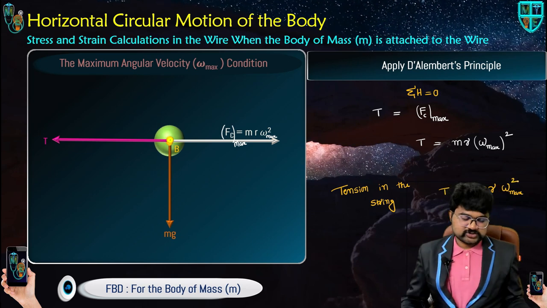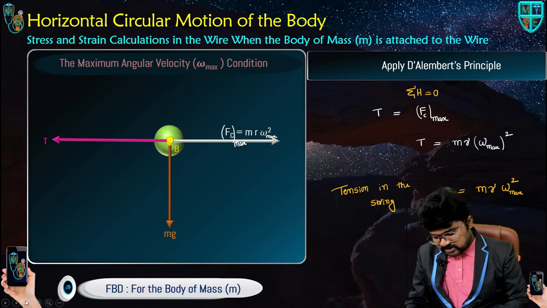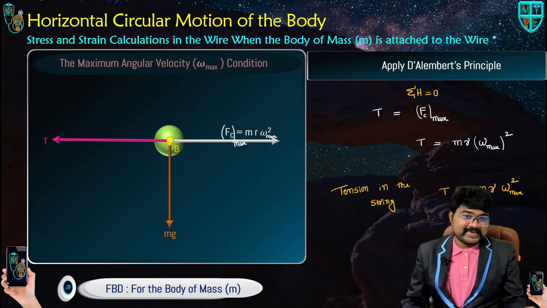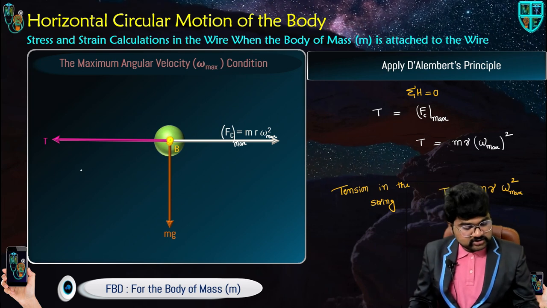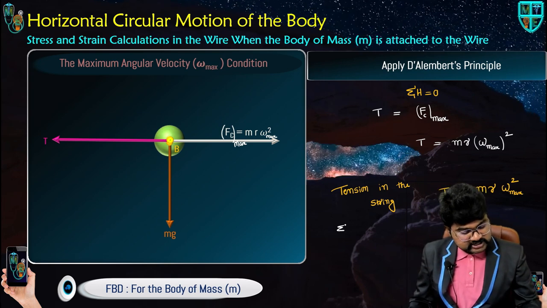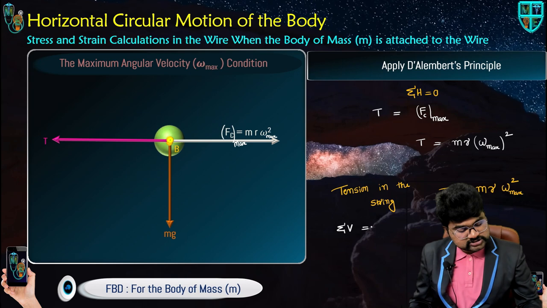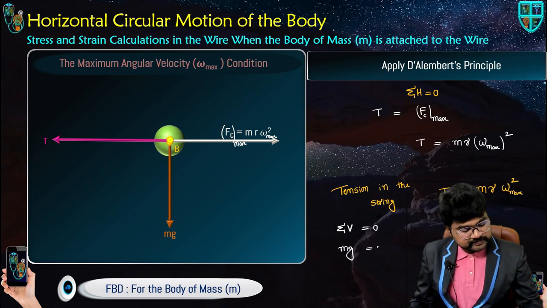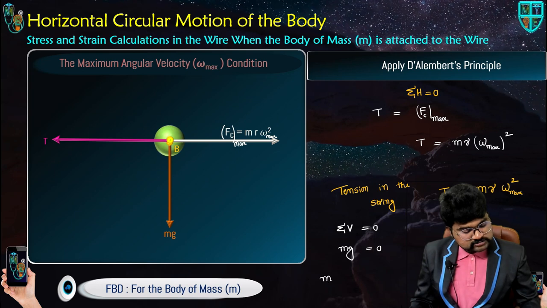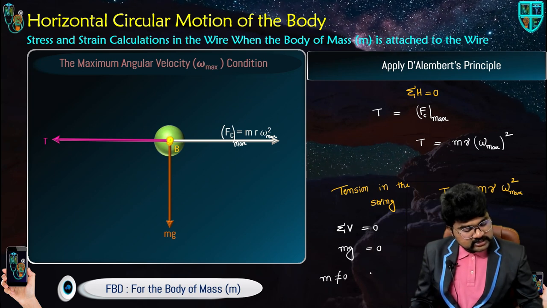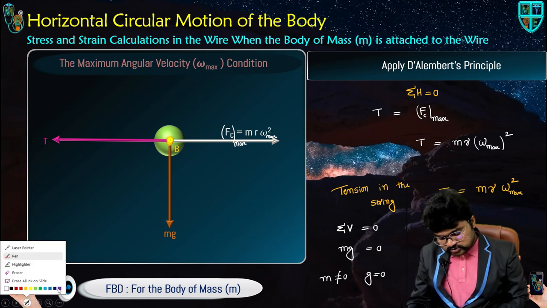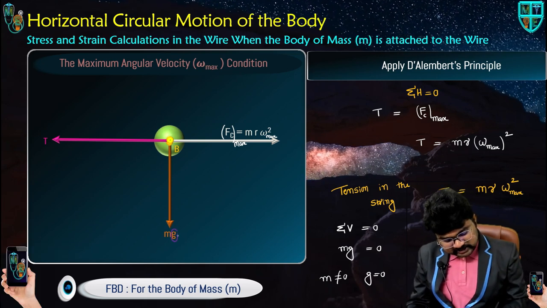If you apply sigma V equal to 0, in this case mg equal to 0. m can't become 0, so g equal to 0, that means there is no effect of gravity.